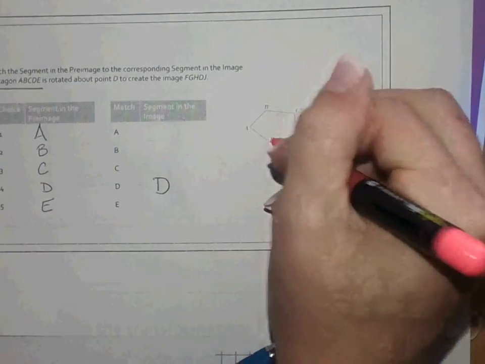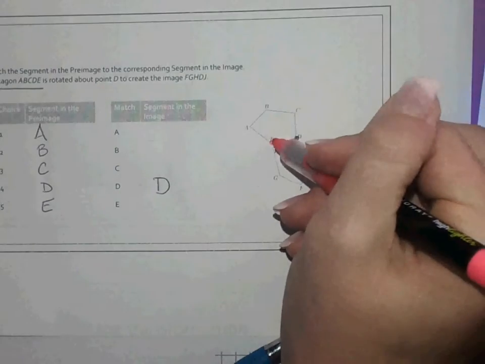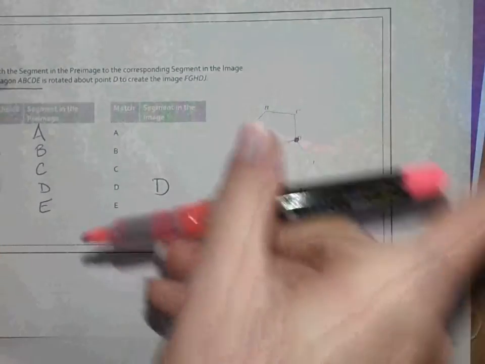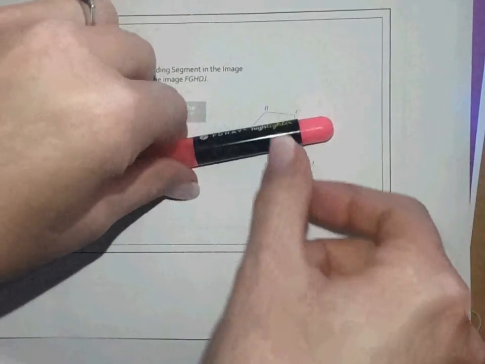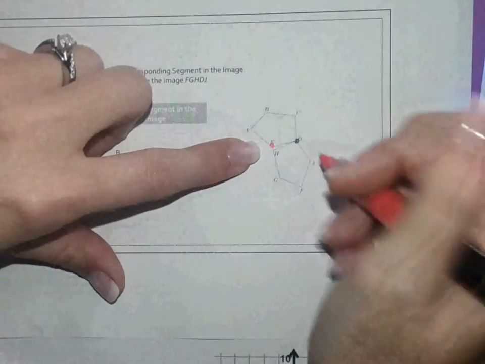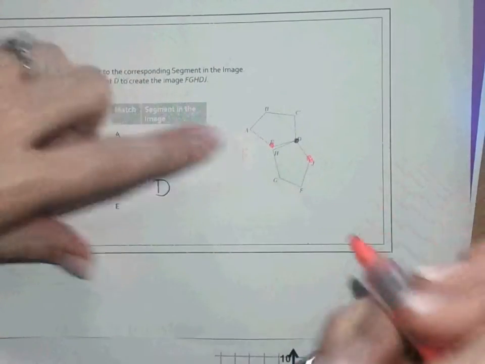Now, if I look, point E is here. When I turn this thing, it starts here and it turns like this. Okay, and E ends up right here.